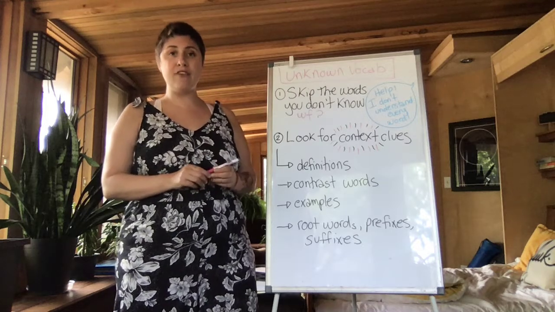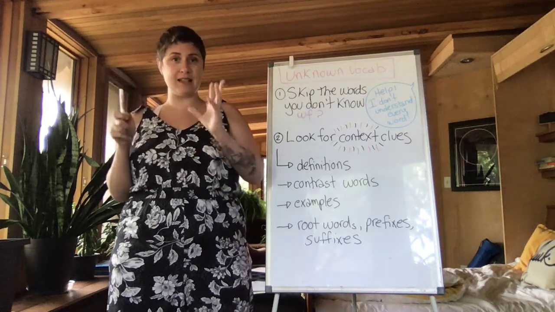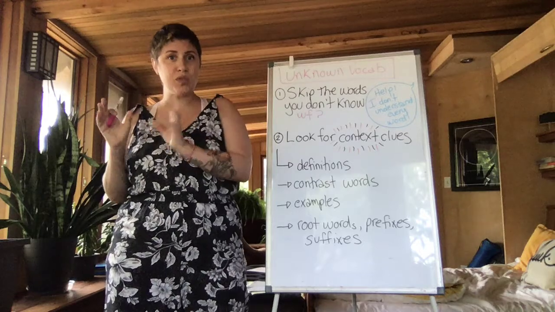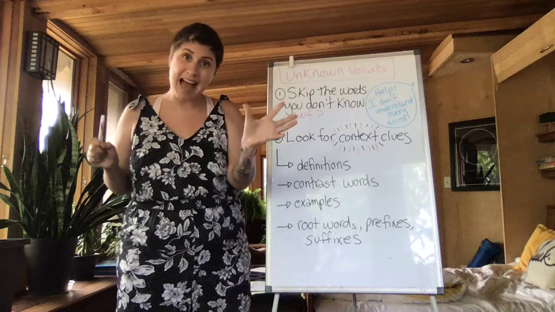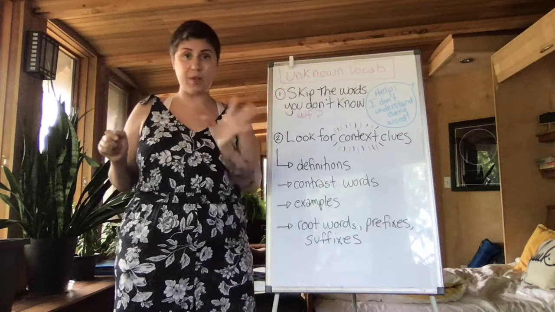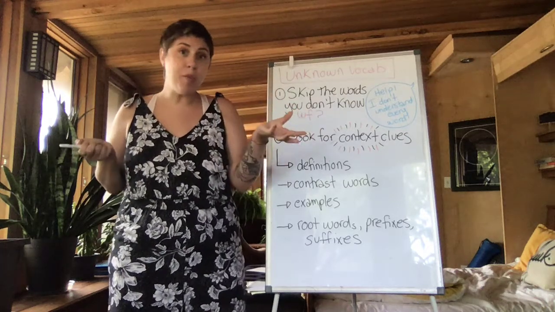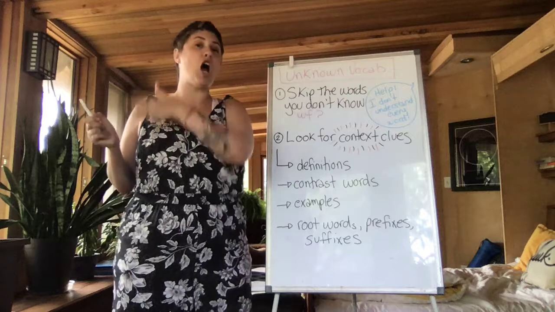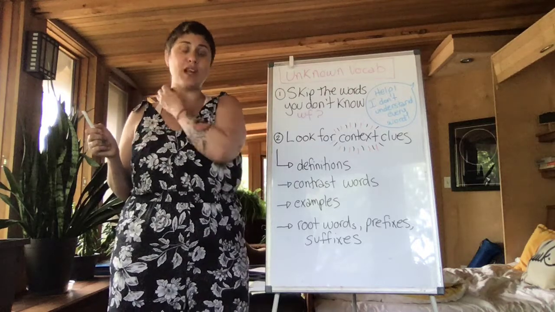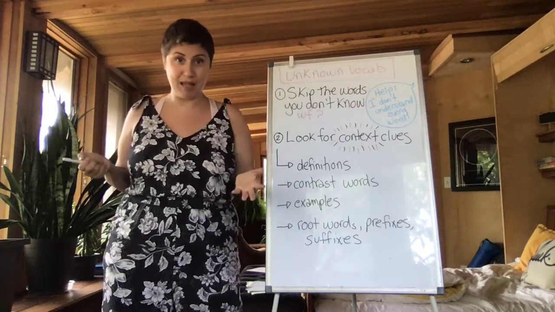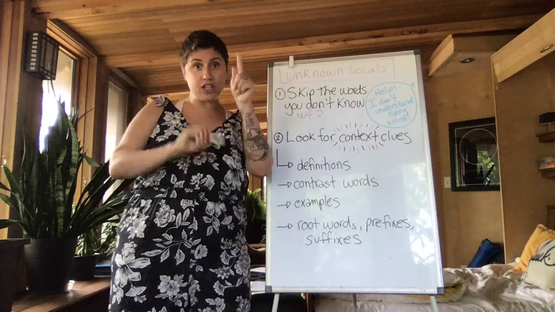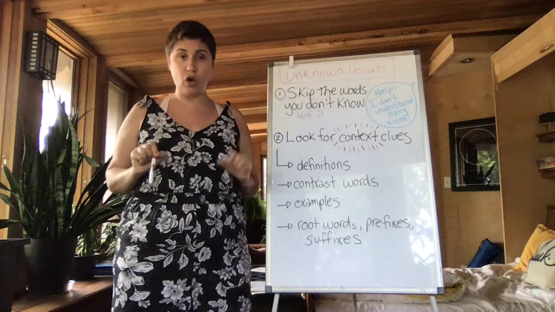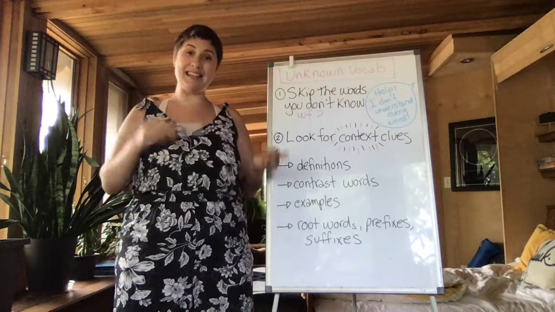So in our sentence after it, we have so sad, and this is a contrast to ecstatic. So if you don't understand what ecstatic means, you can tell by the sentence that it means kind of the opposite of so sad. So you can imagine it means very happy, basically. So sometimes you can look for words that contrast the word you don't know, and you can learn what it is by its antonym.